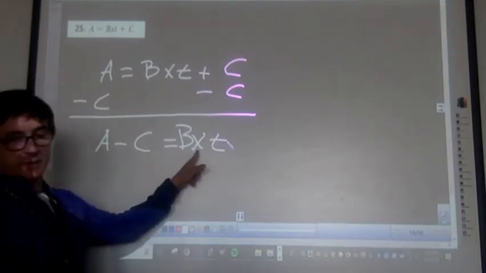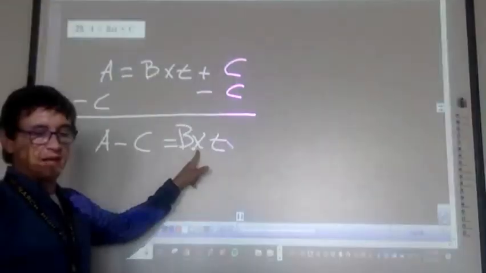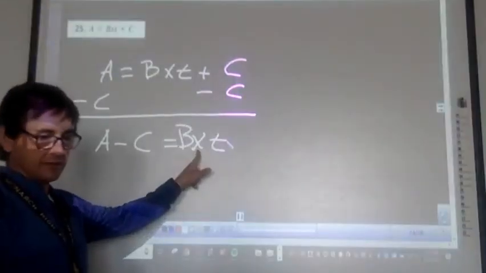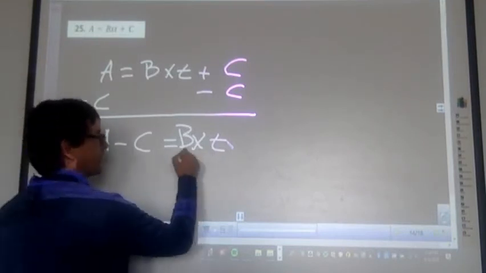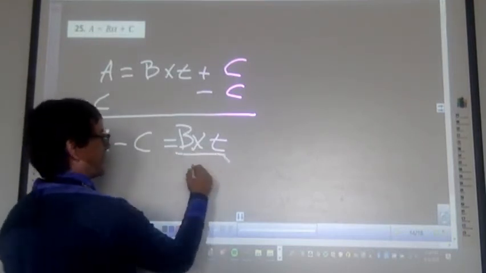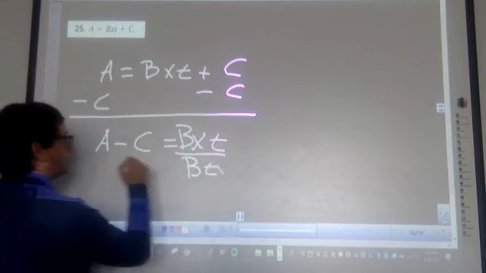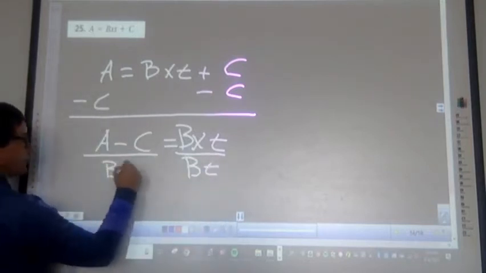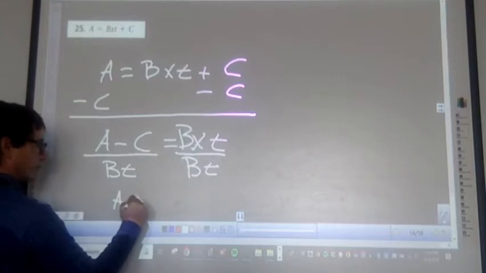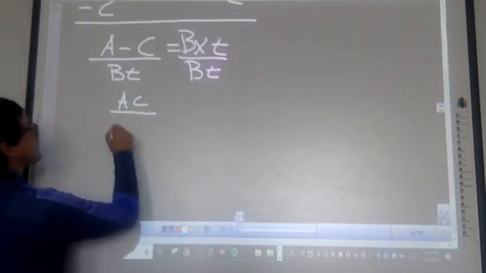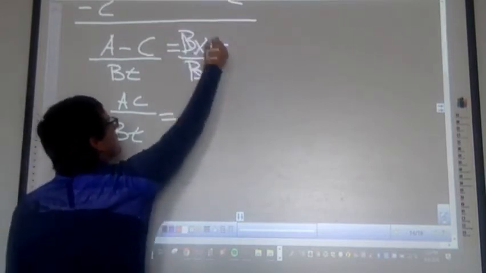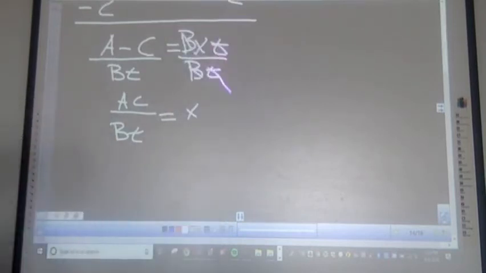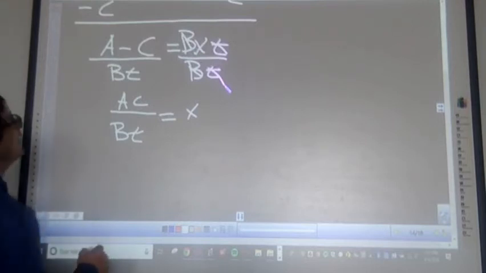So you're trying to get x by itself, so you can divide by both b and t. Trying to get this by itself, so I can divide by these two on the outside. Because the b's and the t's cancel on that right side like that. So ac divided by bt equals x.